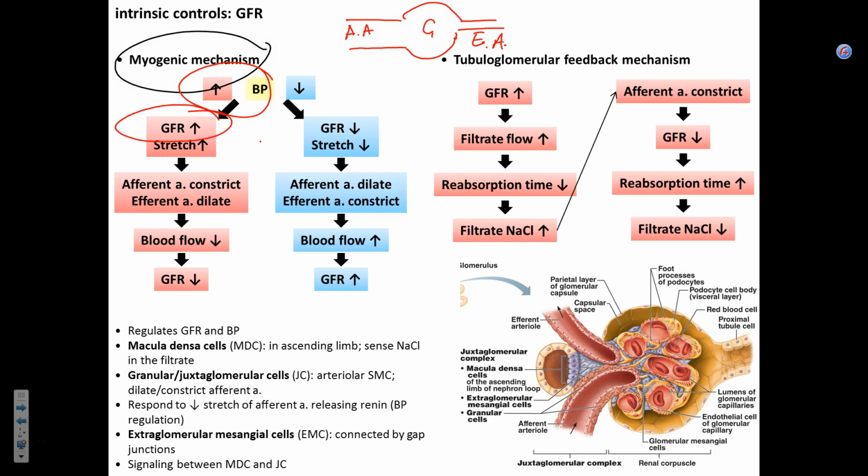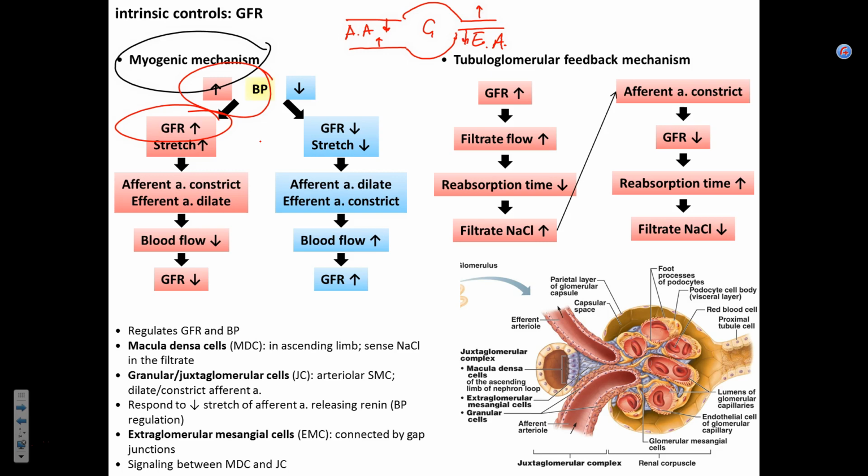Now, elevated blood pressure, what's going to happen to the force that acts on the afferent arterioles? Stretch. Yeah, they're going to feel the stretch. So those mechanoreceptors that are stretched will induce an interesting response. Afferent arteriole will constrict and efferent will dilate.